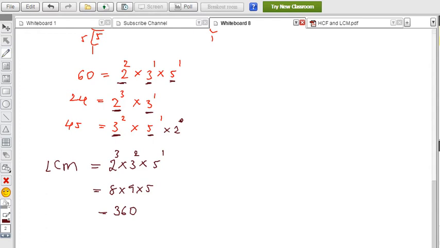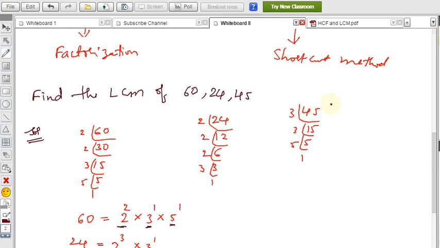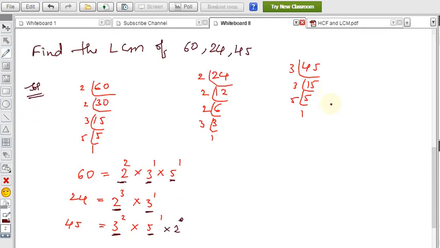Now let us see the same question in the shortcut method. Okay, the same question, I'm taking 60, 24 and 45. In this shortcut method, we just have to do division on 60, 24, 45.